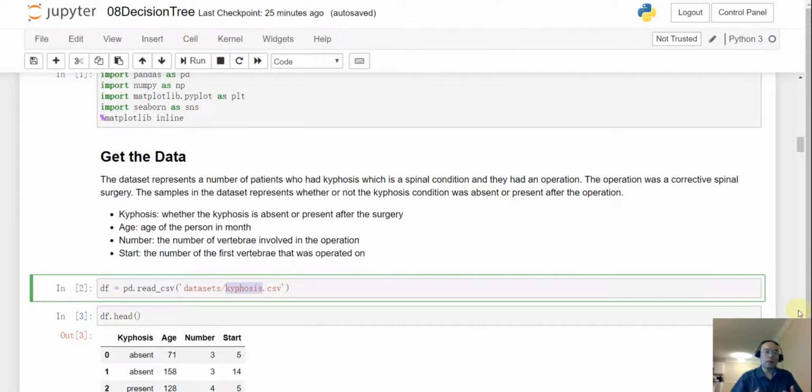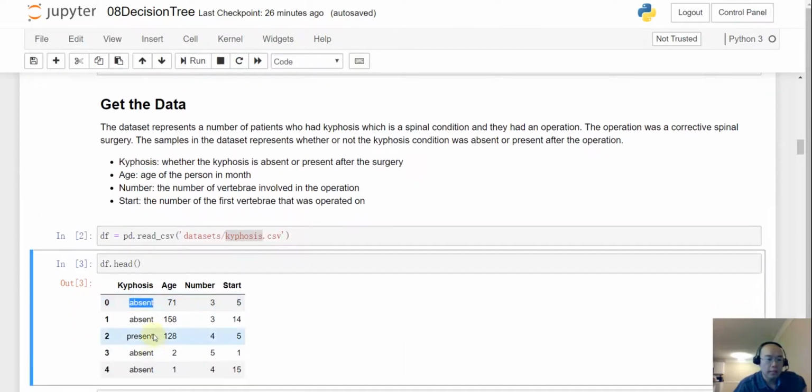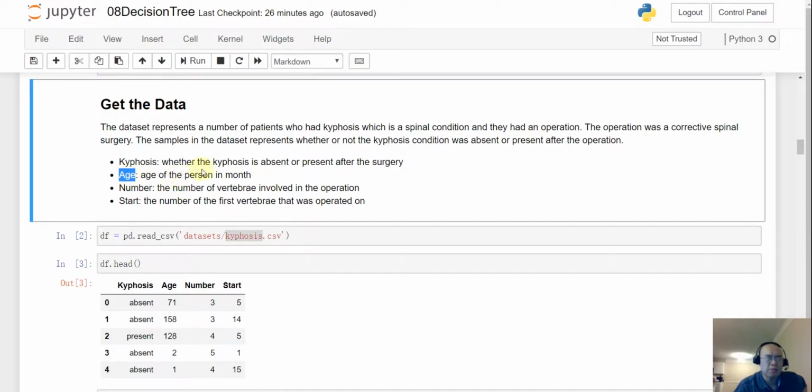So our kyphosis dataset is tracking, after the spinal surgery, whether the kyphosis is still present or the kyphosis is gone. So this is a dataset after the spinal surgery has already been made, and we check whether we still see the kyphosis or not. We have the kyphosis column, and this is the label we are going to make predictions on, whether kyphosis is present or absent. The next one is age, which is the age of the person in months.